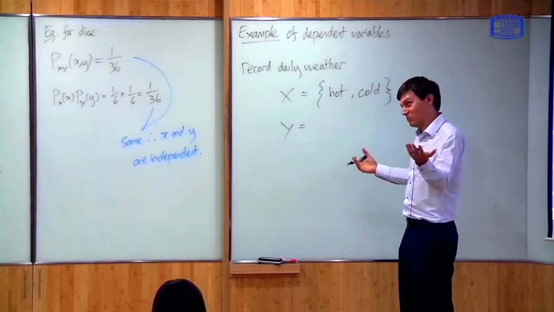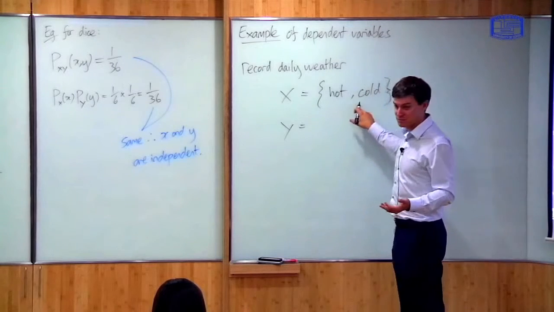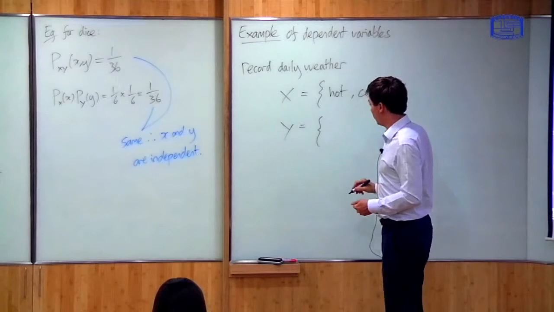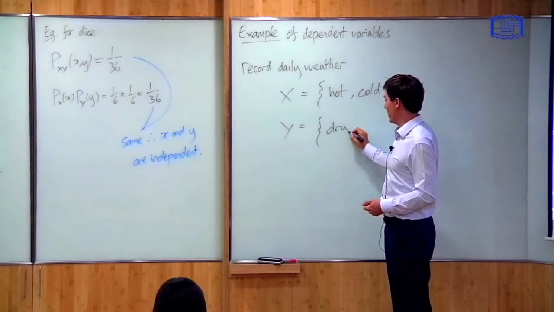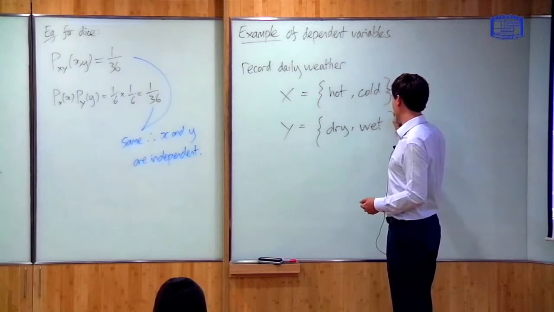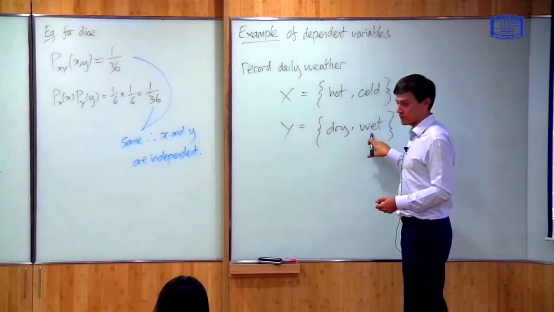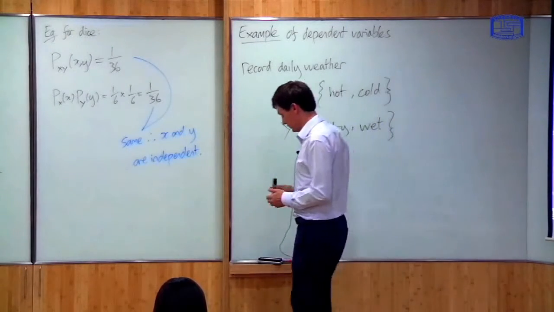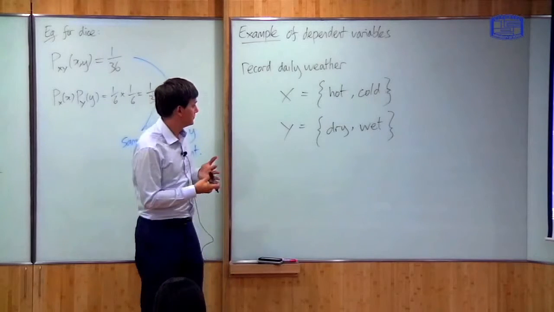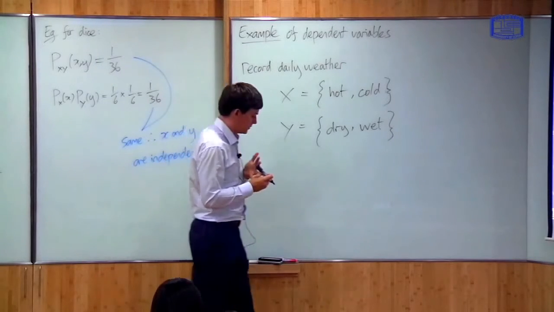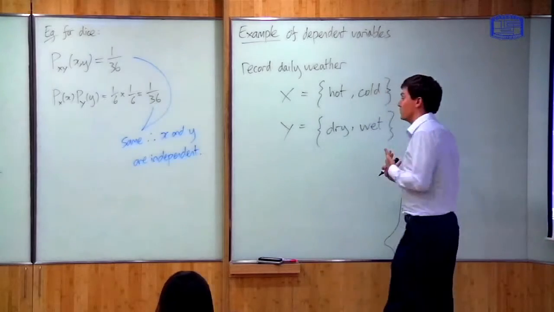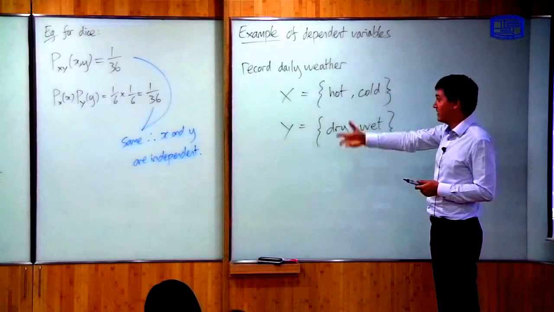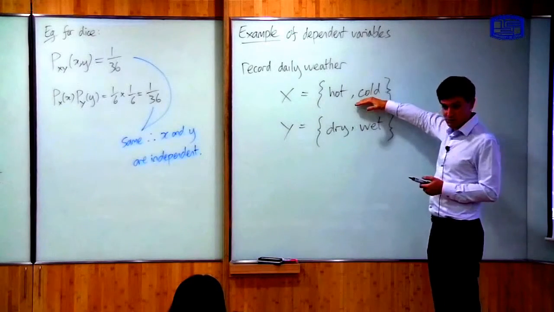So today, for example, the weather is cold relative to the average. And y is the variable of whether it's raining or not. So whether it's dry, no rain, or whether it's wet, it's raining. Okay, so I measure the weather today, and I say today it's wet and it's cold, for example.